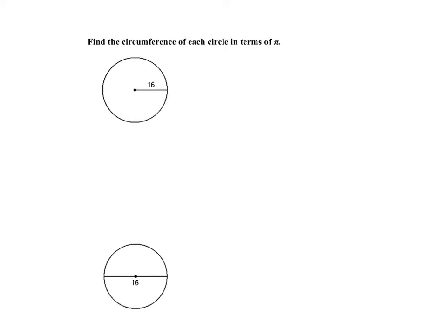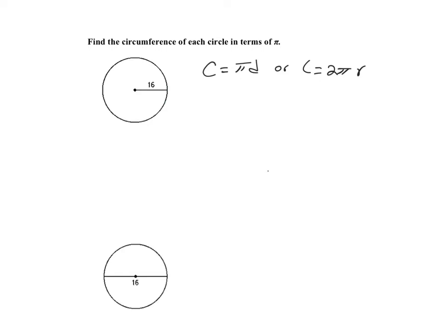The circumference of a circle is the distance around the circle. The formulas for circumference are pi times the diameter, or 2 pi radius. In this case, I have the radius because I just have the distance from the center of the circle to the circle.